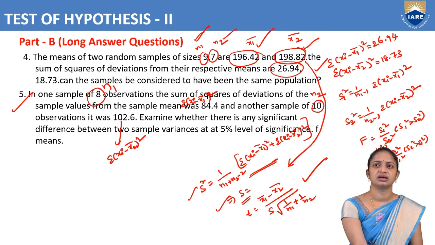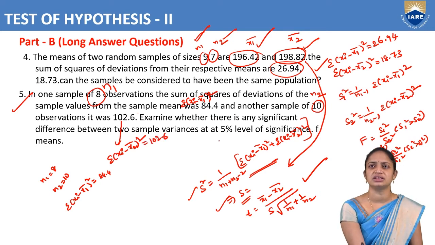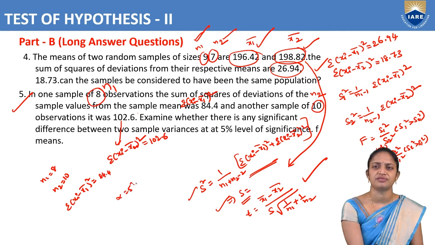They have given n1 equal to 8 and n2 equal to 10, summation xi minus x1 bar whole square equal to 84.4, and summation xi minus x2 bar whole square equal to 102.6, at the level of significance alpha equal to 5%.